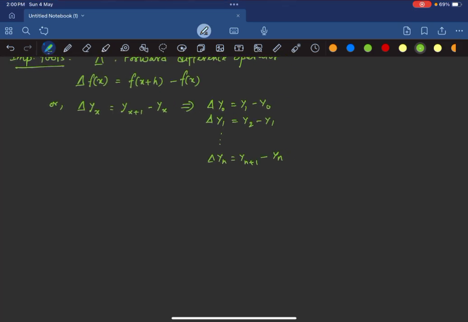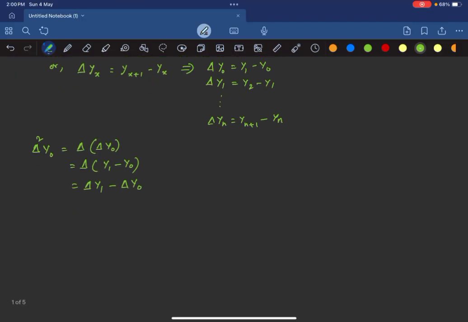Now if I apply delta square y0, delta square y0 means delta of delta y0. See the process: delta of y0 means y1 minus y0, so delta of y1 minus delta of y0. Delta satisfies the linearity property.